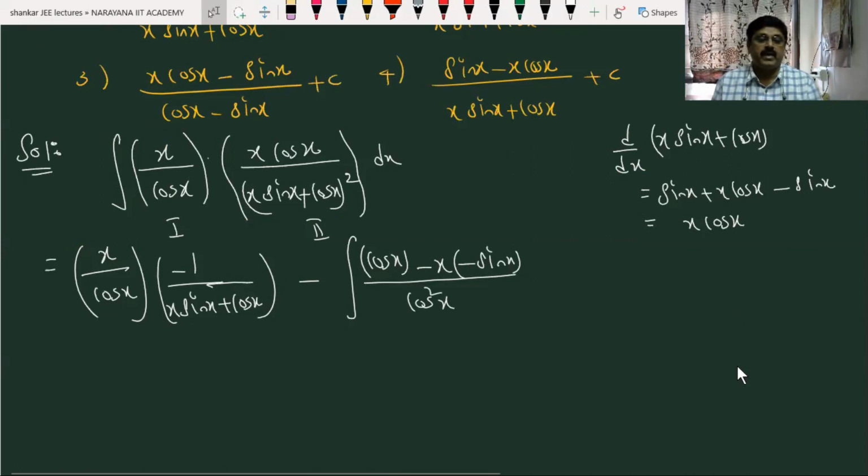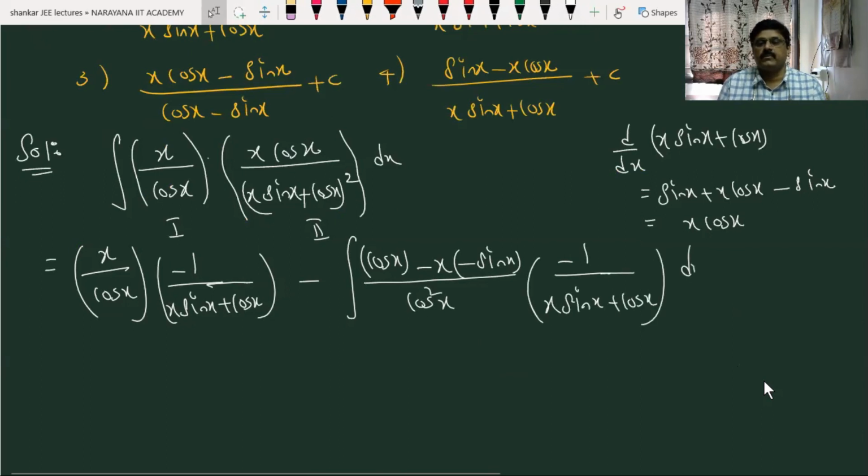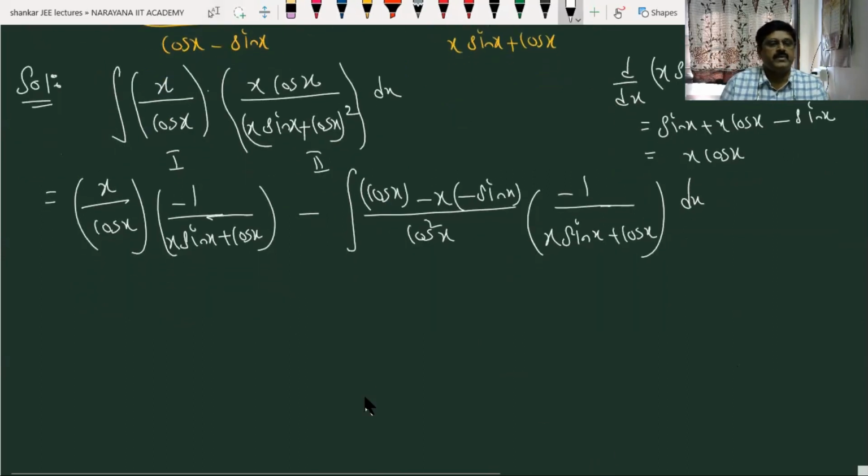What is your previous value? That is minus 1 by, means integral of the second function. This I have to keep there. Minus 1 upon x sin x plus cos x dx. Okay, students.